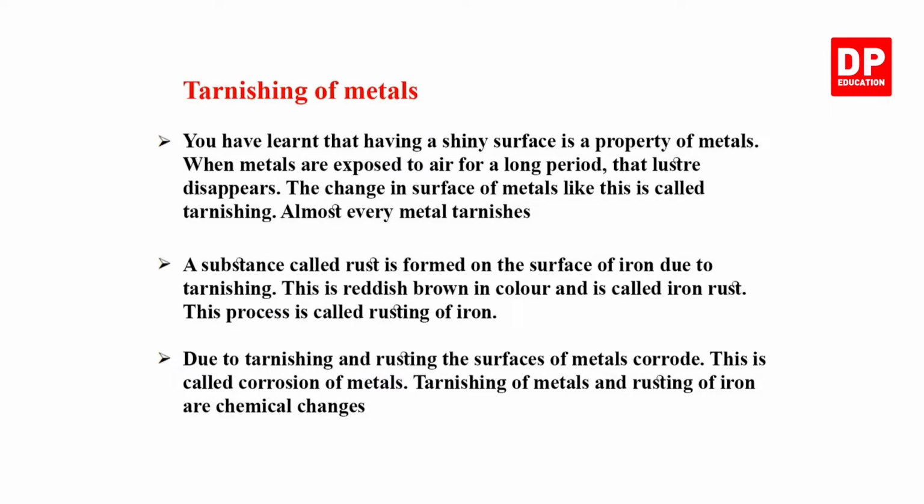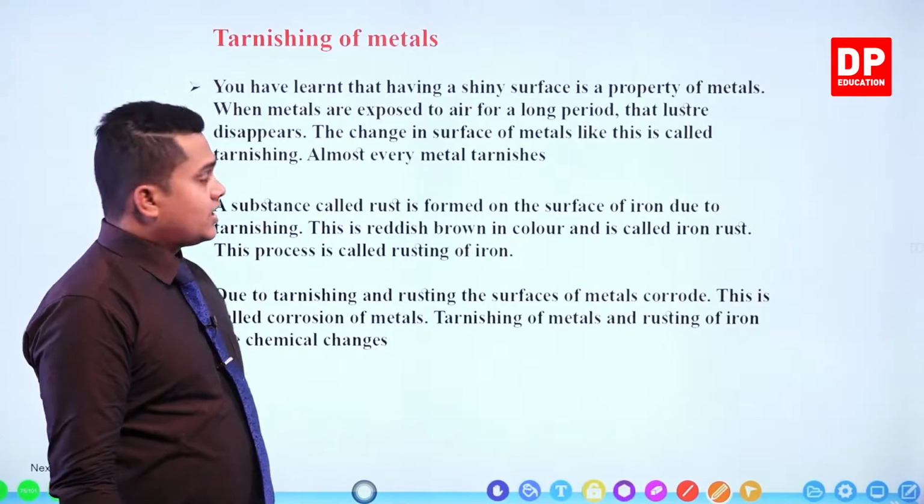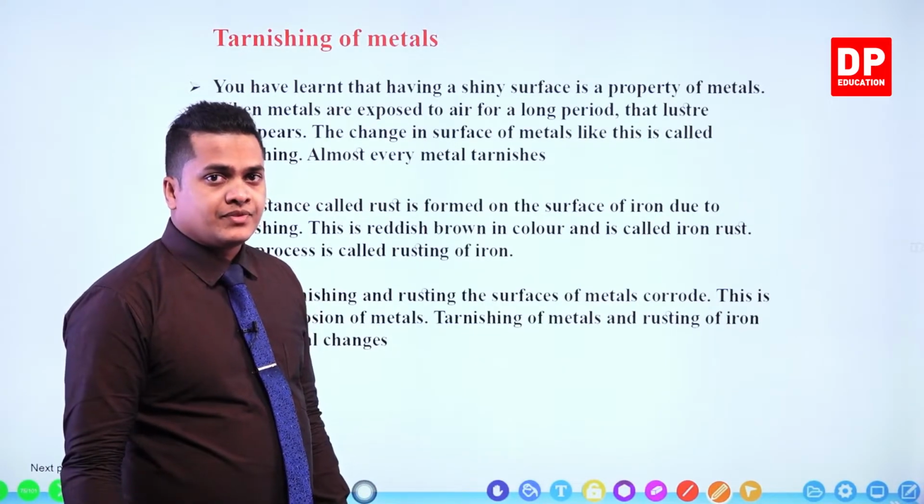Right, now in this part we'll be discussing some special kind of chemical change, some special kind of chemical reaction. So this reaction is, my dear children, the tarnishing of metals. Tarnishing of metals.